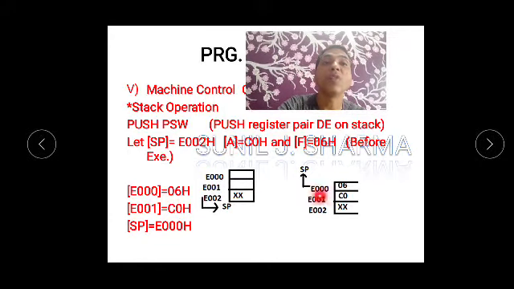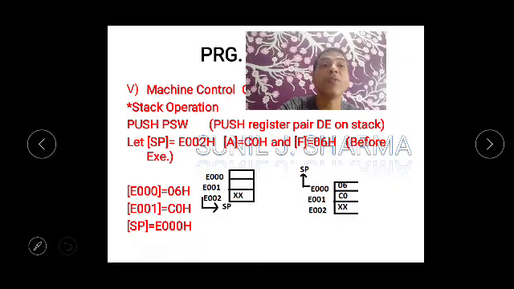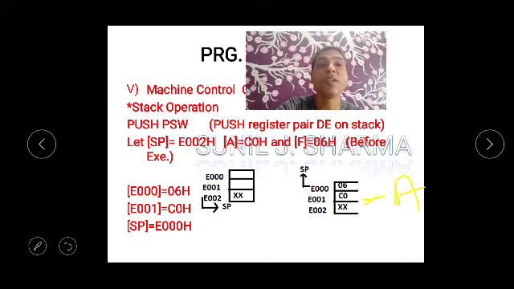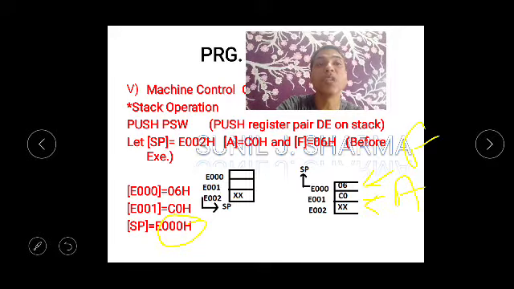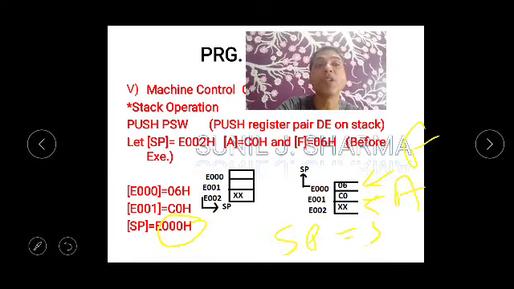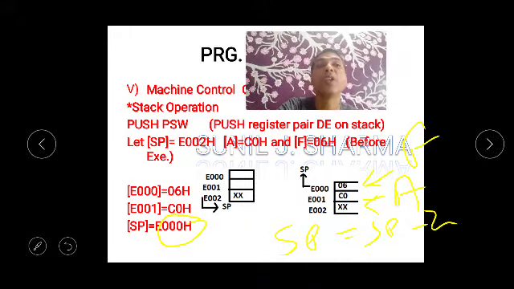Now what happens after execution? The value of the accumulator will be inserted here, and because the flag is the lower order, that's why the flag value will be at this position, and the stack pointer, can you see, is moved to E00, and in this case also the stack pointer is always decremented by 2.